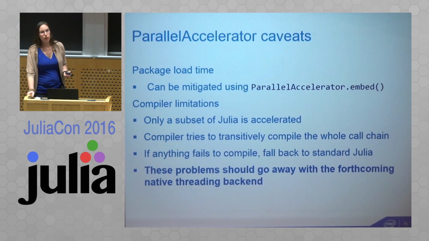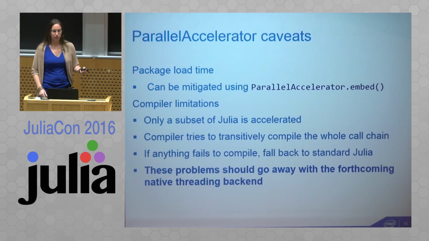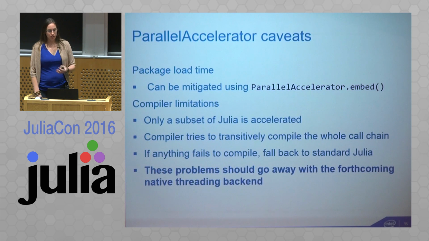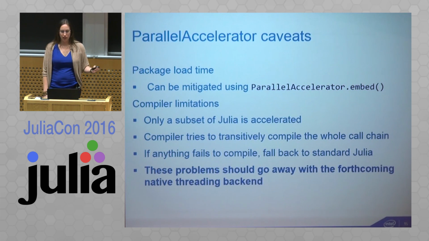One reason why an ACC annotated function might fail to compile is that Parallel Accelerator tries to transitively compile every Julia function that's called by the ACC annotated function. So if that function makes several Julia library calls, and some of them are doing things that Parallel Accelerator can't handle, it's going to try to compile everything in that call chain, and if there's anything that it can't support, then it will fail to compile the original function.